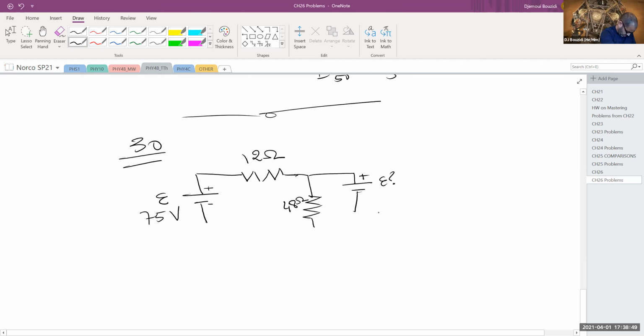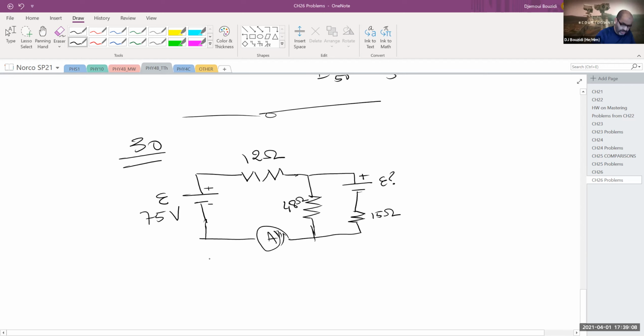And the resistor of 15 ohms. And then this is another junction actually, and we have an ammeter in here, A, and connect the whole thing back.